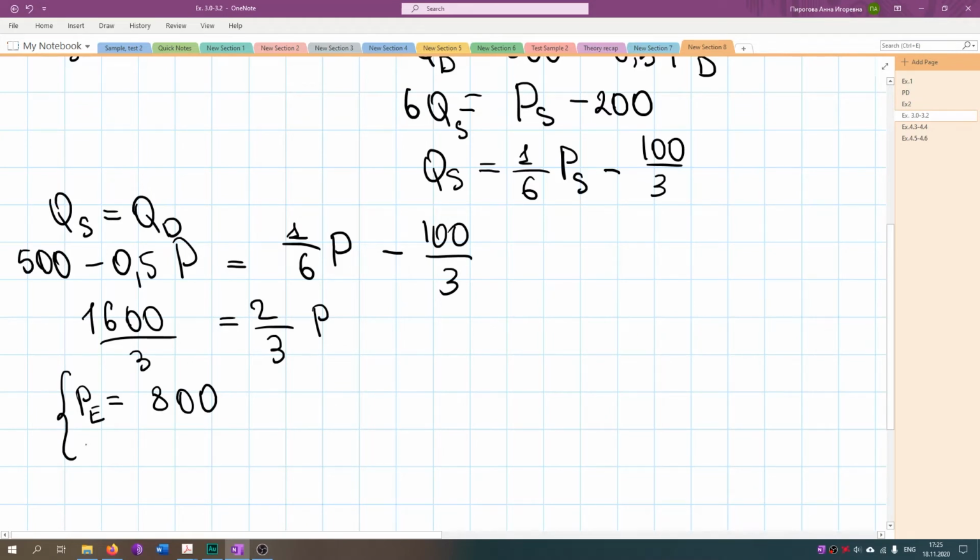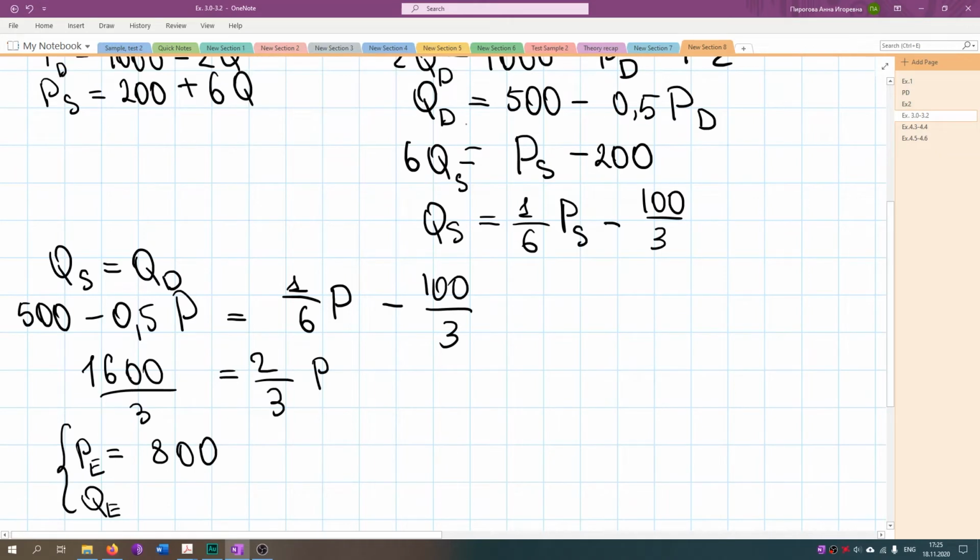And to find quantity we need to use any of the functions of quantity. So we can use, for example, the first one and put the price into this equation, and we will get 500 minus 400, and it will be equal to 100.